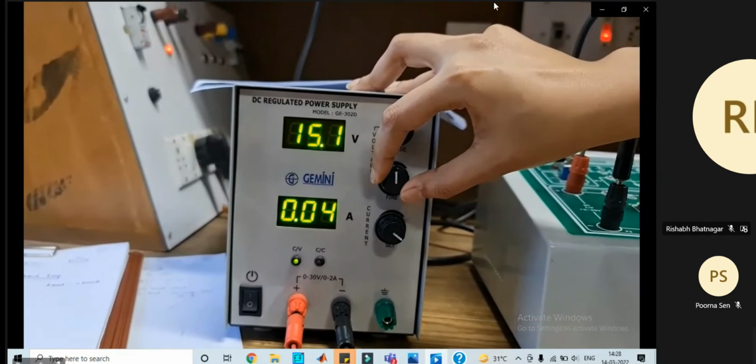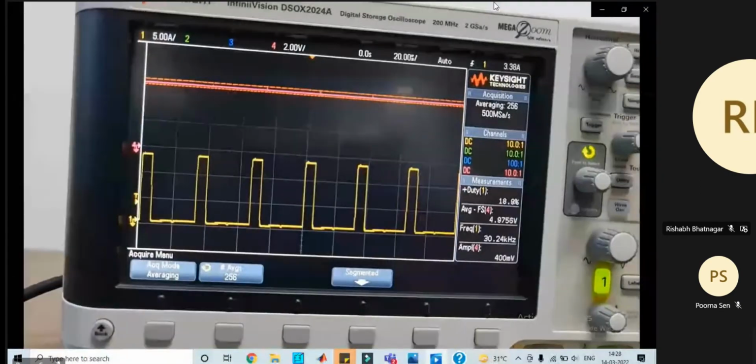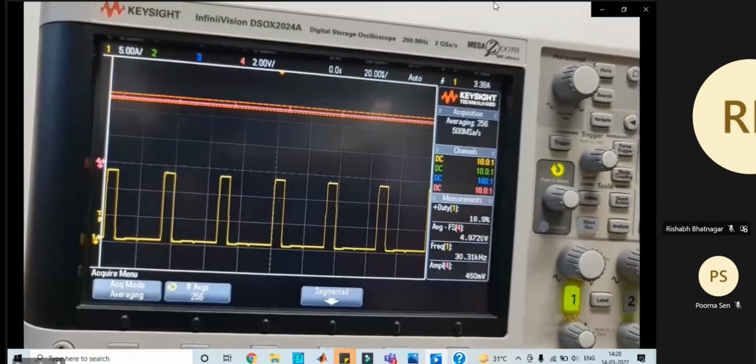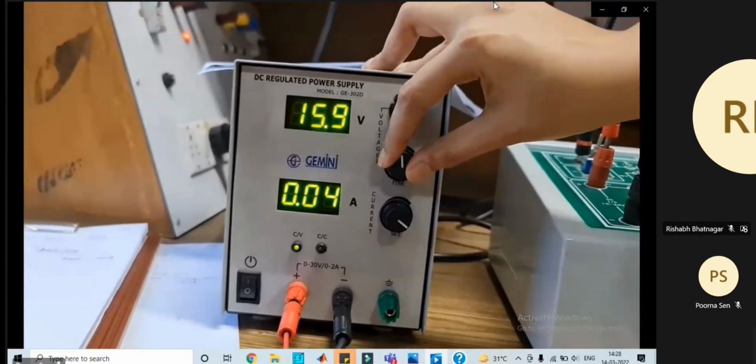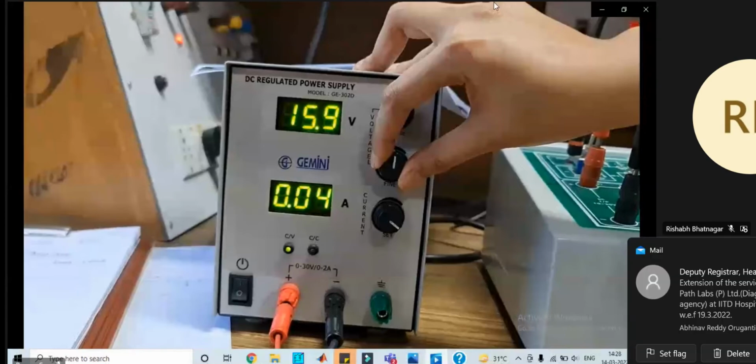Input voltage 15 volts. Duty ratio 18.9%. Output voltage 4.971. Input voltage 16 volts. Duty 17.8%. Output voltage 4.974.